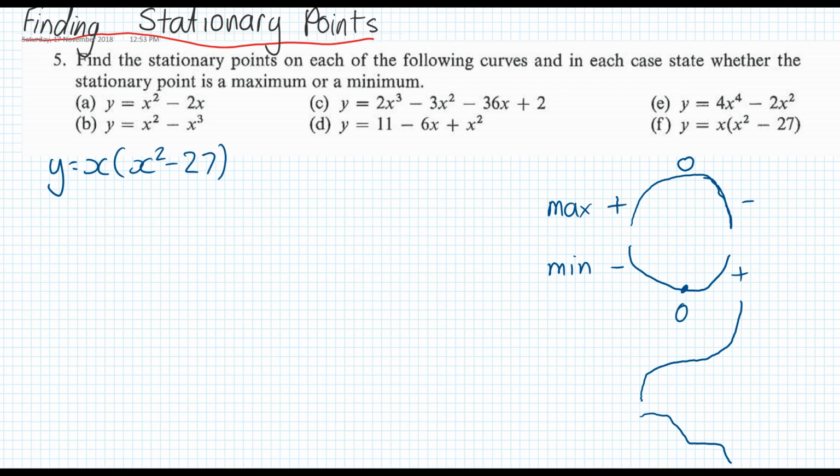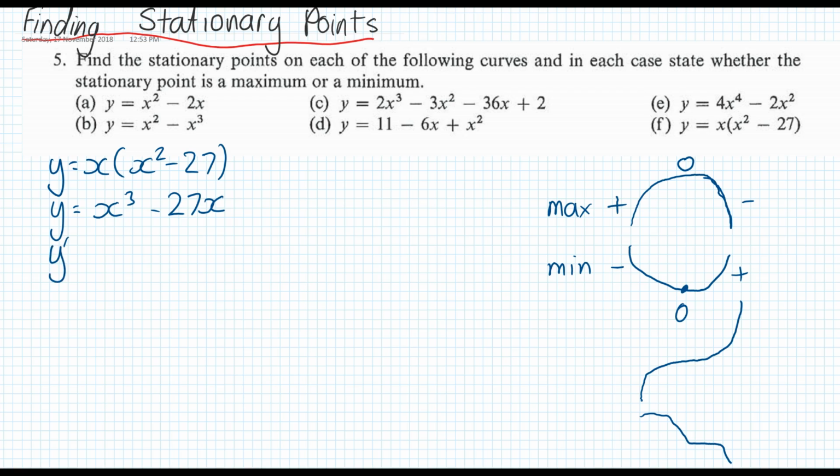Okay, now what I'm going to do for this equation is expand it first so I can find the derivative. Okay, because it's easier to find the derivative in the expanded form with polynomials. Okay, so we go y equals x cubed, or x times x squared, minus 27x.